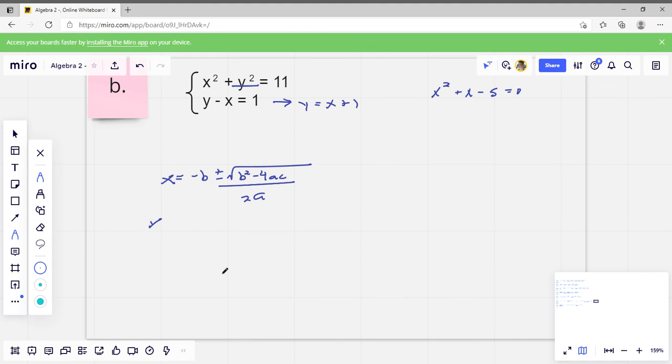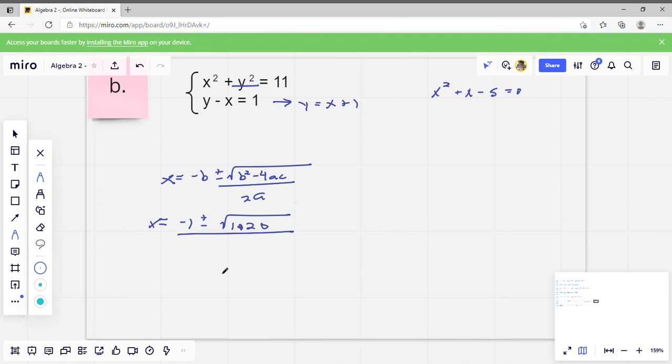So x equals negative b, our b is 1, so negative 1, plus or minus the square root of b squared, b is 1, so 1 squared is 1, minus 4 times a, which is 1, times c. Negative 5 times negative 4 would be positive 20. All right, and then 1 plus 20 would be 21.